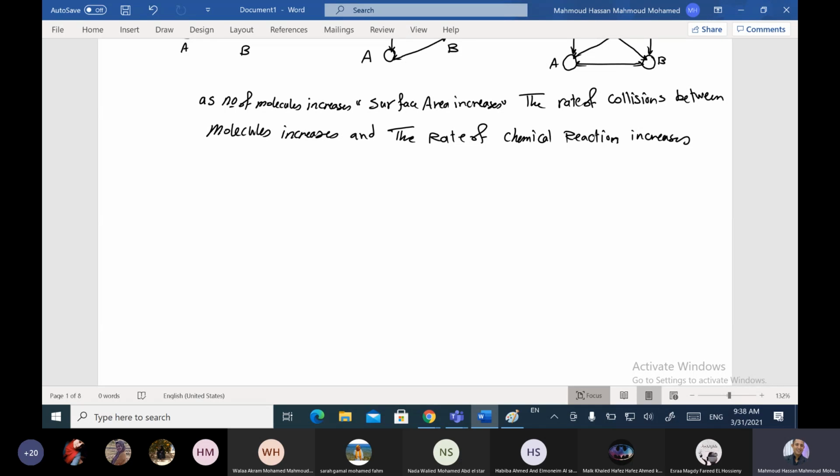When the molecule reacts, it means the concentration is increased, and the rate of the chemical reaction increases. And we said that this is the case of reversible reactions. We are talking about reversible reactions or, generally, ordinary chemical reactions. The number of molecules does not affect the rate of the chemical reactions, but I am saying that the collisions between the molecules increase the rate of the chemical reactions.